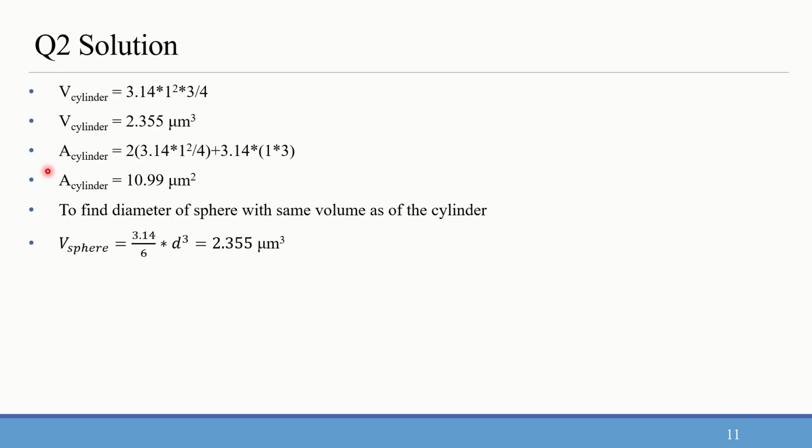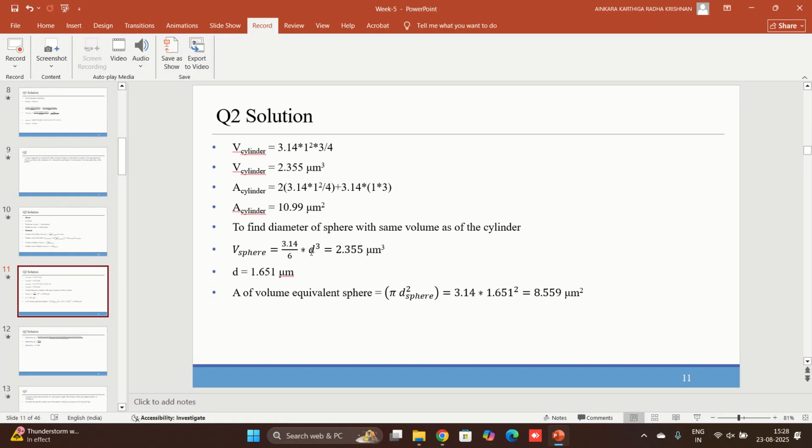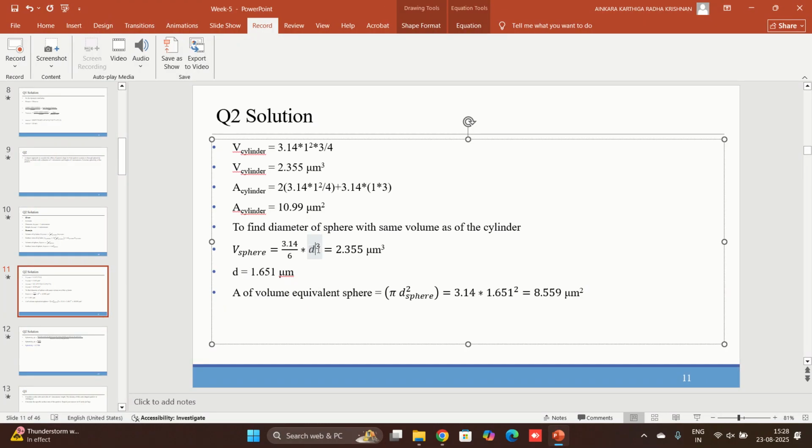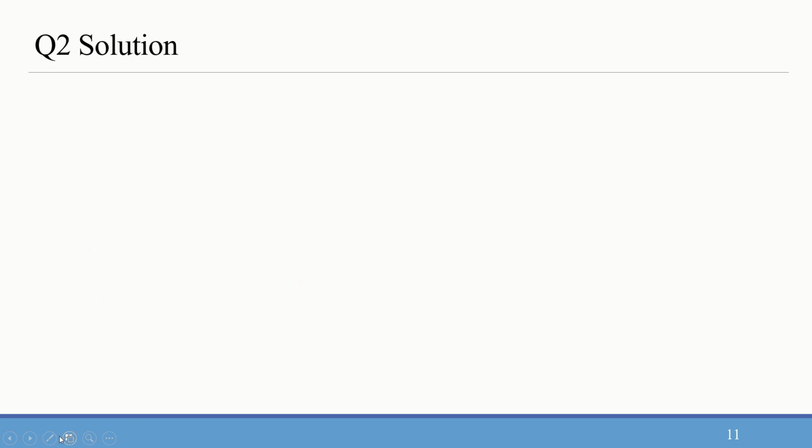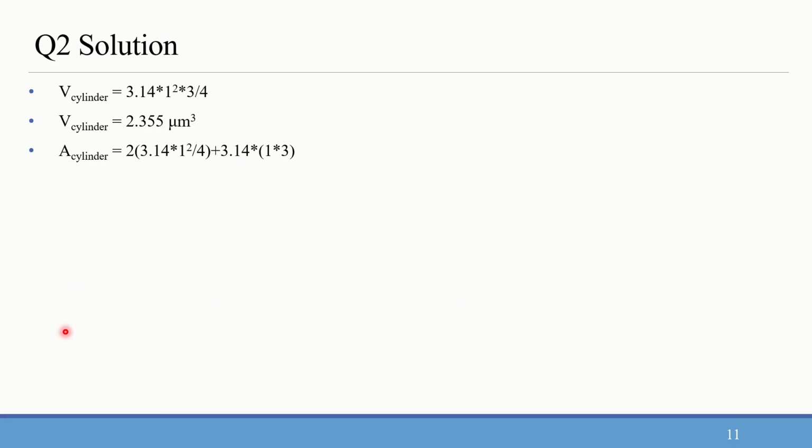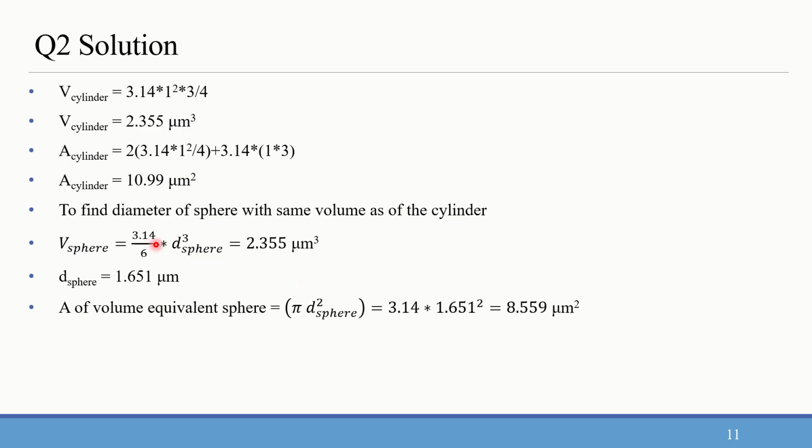So now, based on our assumption, the volume of the sphere is equal to pi by 6 d cube, where d is d sphere. After substitution, we are not getting anything new, we are just using the same volume.